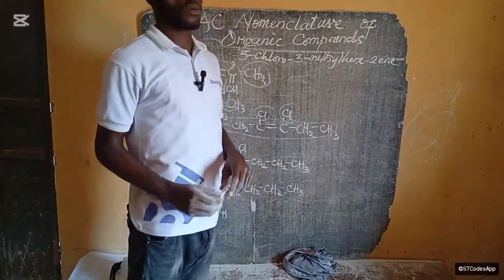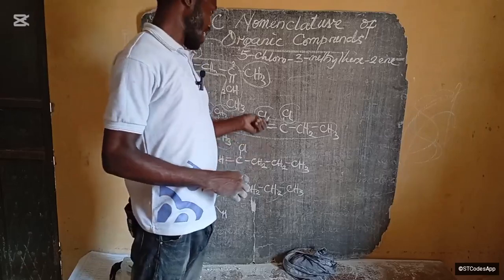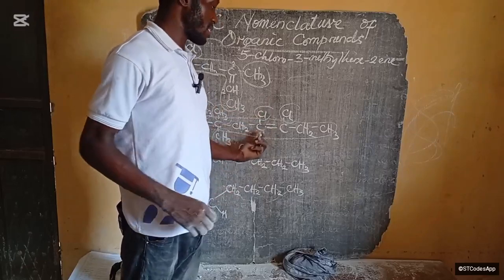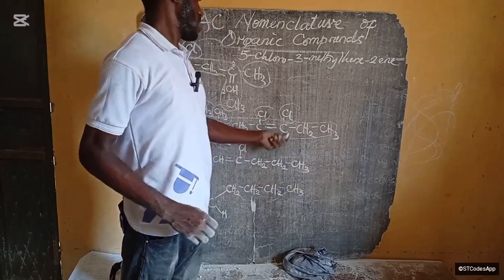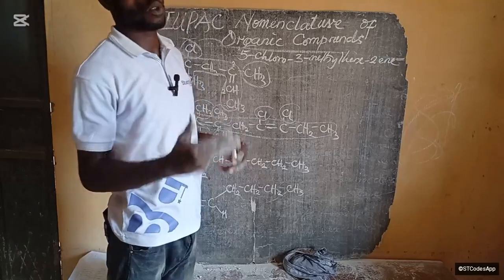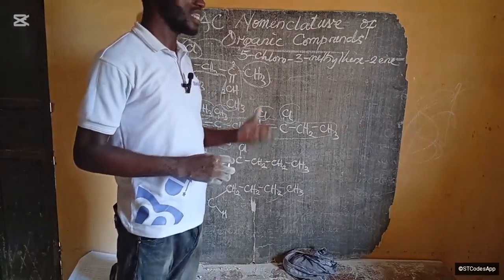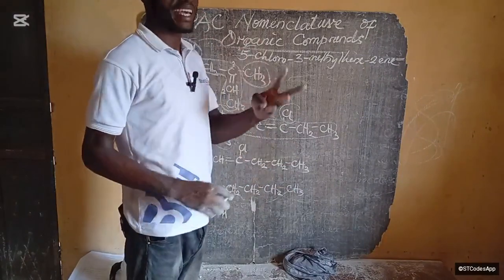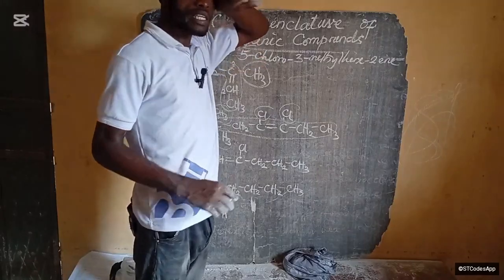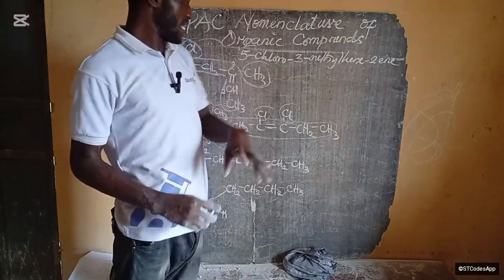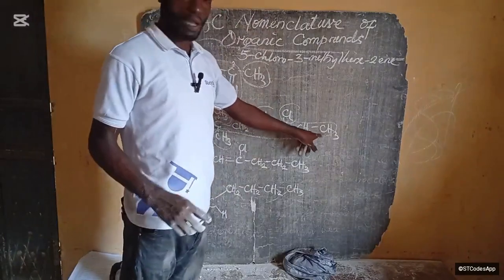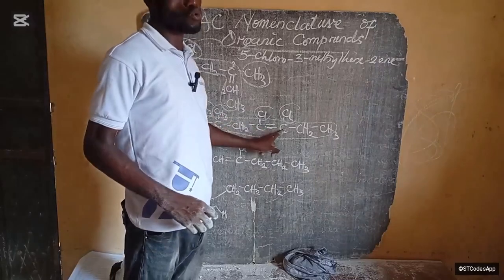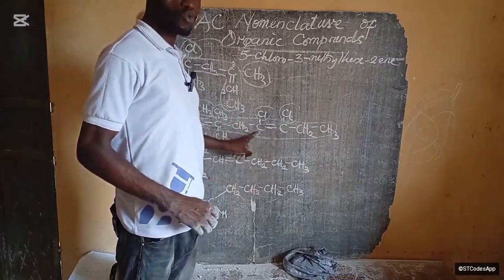Whenever the substituents are on the carbons bearing the sp2 hybridized carbon, if you don't understand what sp2 hybridized carbon means, just anytime you see a double bond, sp2 hybridized, you see a triple bond, sp hybridized, you see a single bond, sp3 hybridized. So this guy is sp3 hybridized, this guy is sp3 hybridized, but this guy is sp2 hybridized, sp2 hybridized.